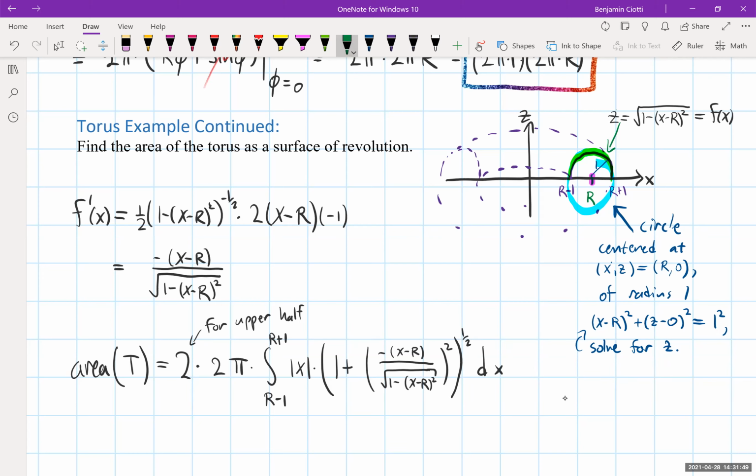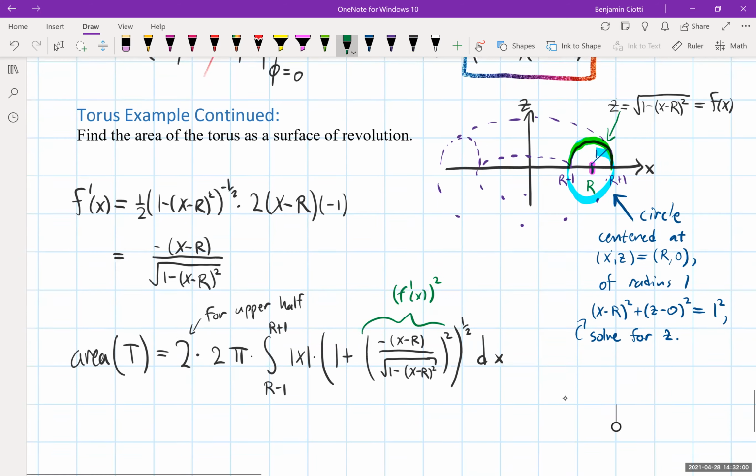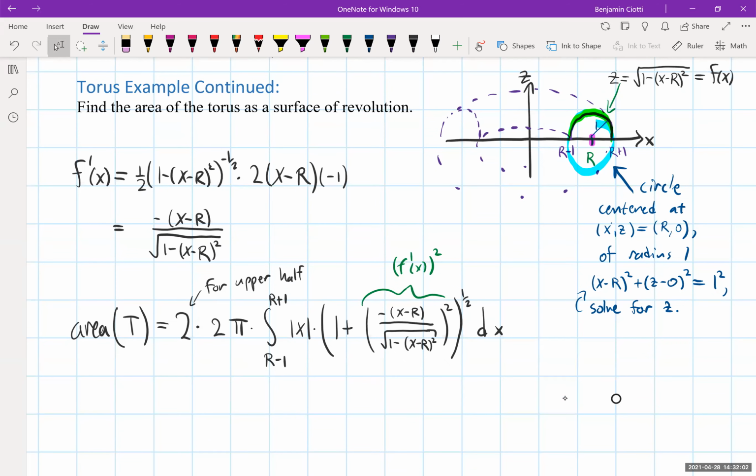Okay, so this term is f prime squared. This term is just x because x is positive.